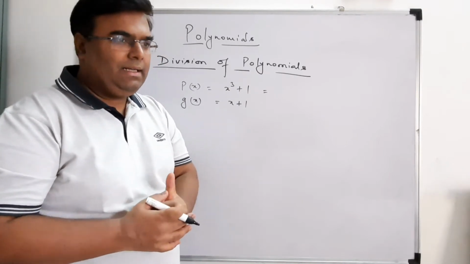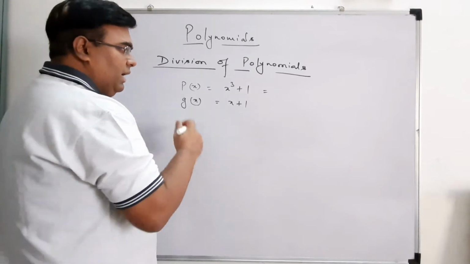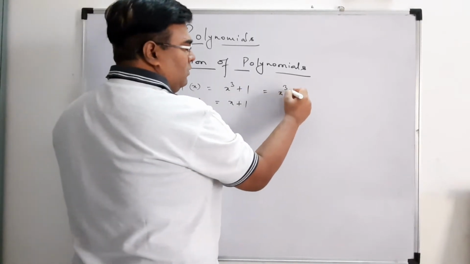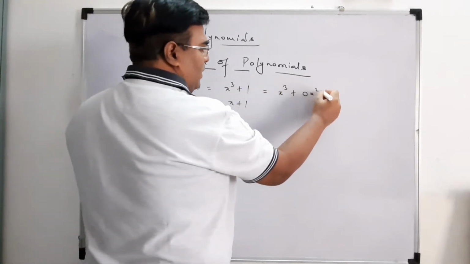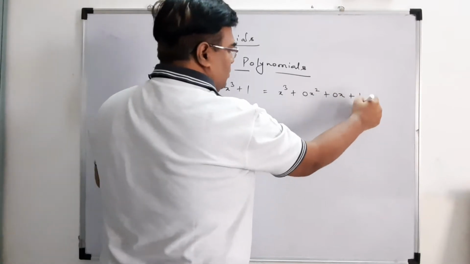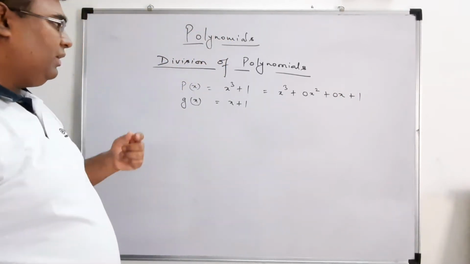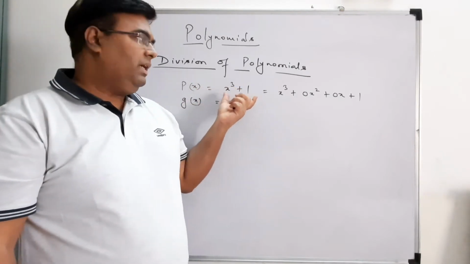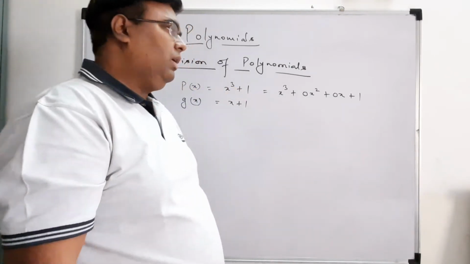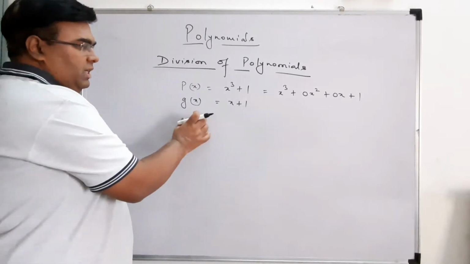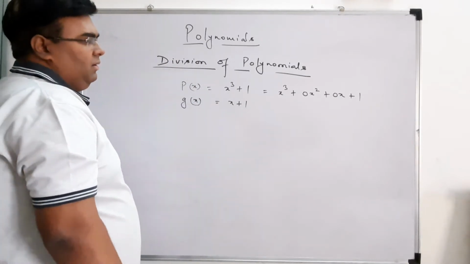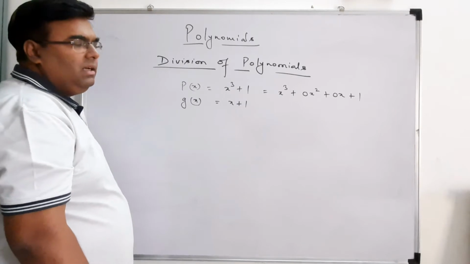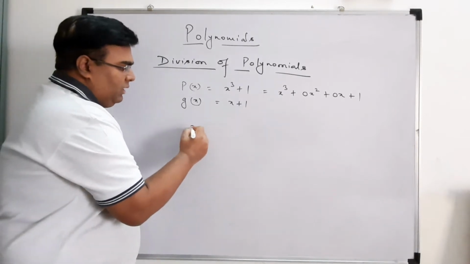So let us write it in index form, which says x cube plus 0x square plus 0x plus 1, right? So we have written our p(x) in index form. Now we will divide. This g(x) is in index form only, standard form as well as index form. So now let us divide.